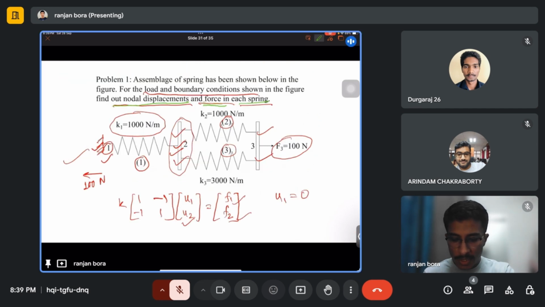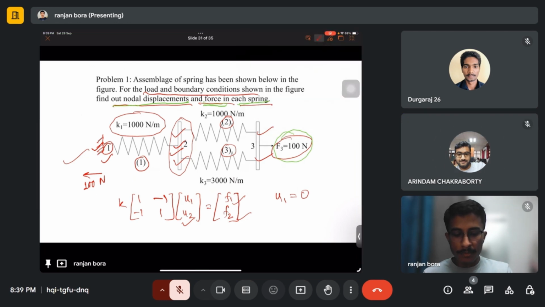These are the forces in each spring because of this applied force of 100 Newton.